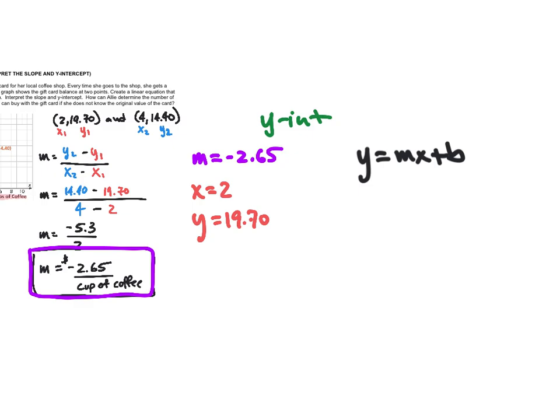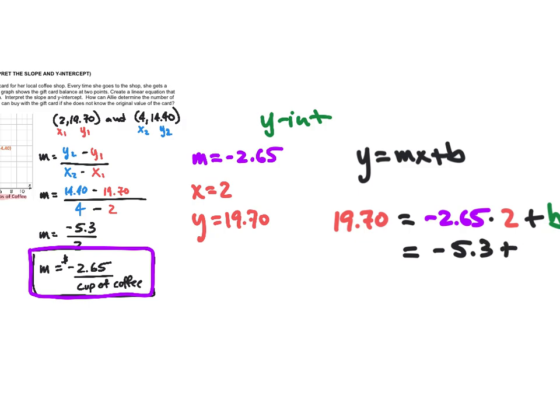So 19.70 is equal to negative 2.65 times 2, plus b, because we don't know what b is. Negative 2.65 times 2 gives negative 5.3, plus b, equal to 19.70.